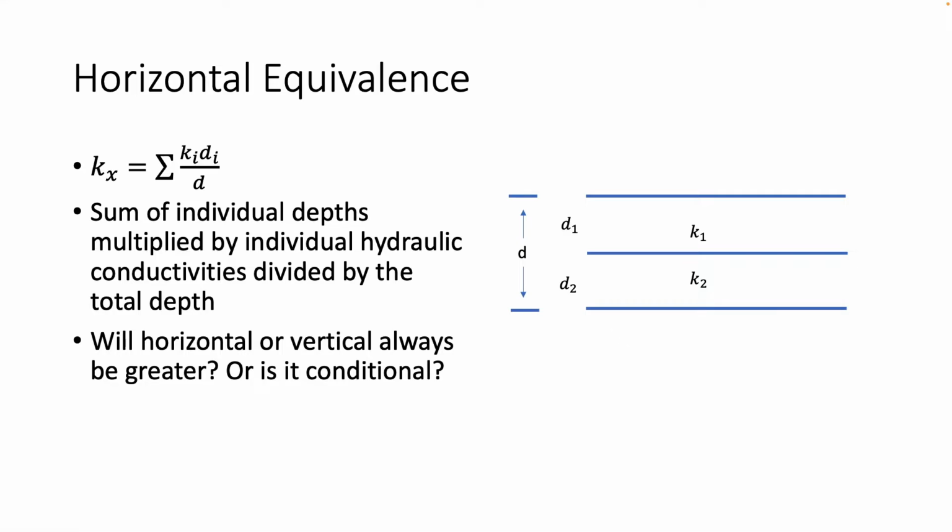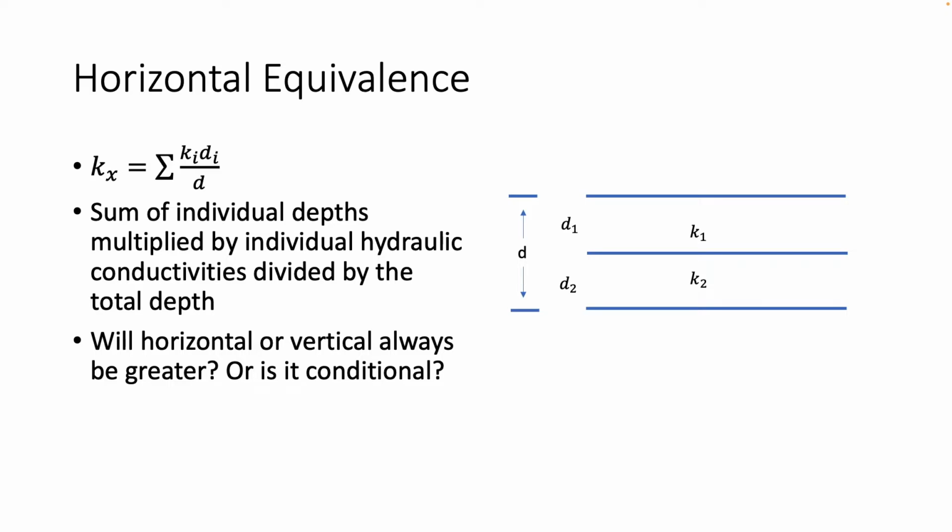So a good question here, and one you'll probably see on your FE or maybe on an exam in your class, is if you look at the two, will the horizontal or vertical equivalent conductivity always be greater? Or does it depend on the type of aquifer you have?